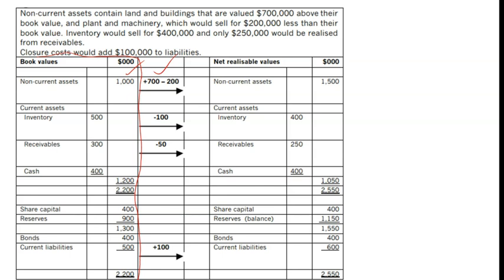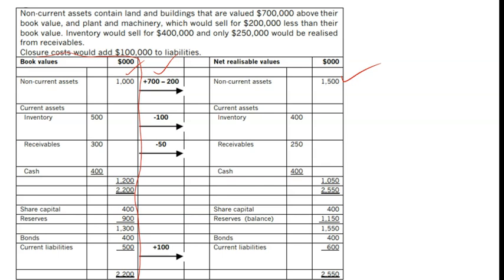Now, for us to dispose of these assets, we need to incur a cost of 200,000. So we then have to say 1,000 plus 700 minus 200. The actual value of the asset is now 1,500.